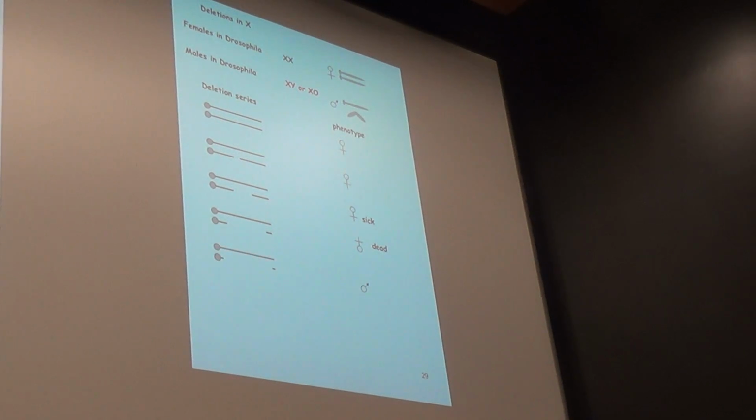And then when you go to a very, very, very large deletion, to the point when there is no second chromosome, you suddenly turn into a male. So a transition takes place, basically. And so this shows you how these different deletions have different phenotypes, and you can only study them. You can't predict what's going to happen. You have to make the mutations, and then you have to analyze the mutations.